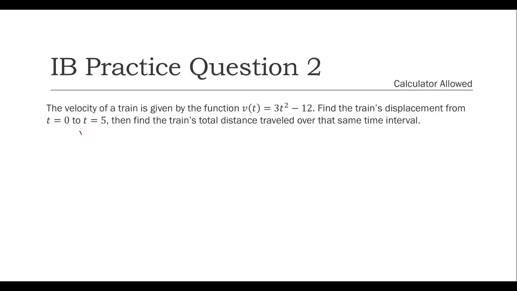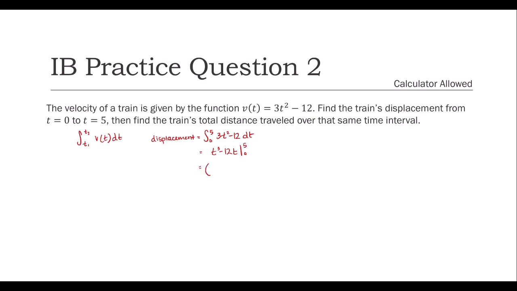So our displacement is the integral from t1 to t2 of v of t dt. So our displacement will equal the integral from 0 to 5 of 3t squared minus 12 dt. So this equals t cubed minus 12t evaluated from 0 to 5.